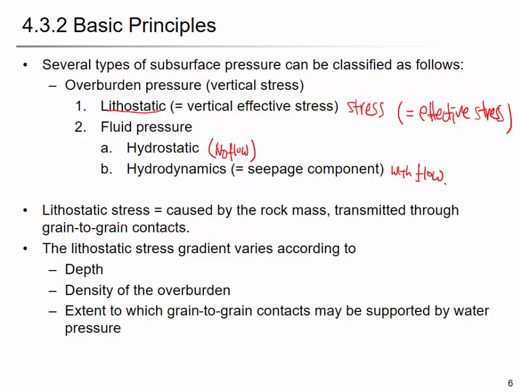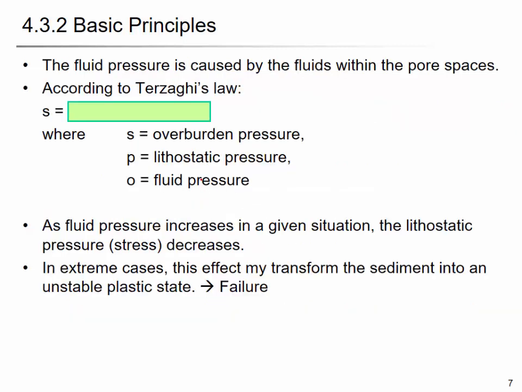Lithostatic pressure, or lithostatic stress, is the same as the effective stress, which is caused by the rock mass transmitted through grain-to-grain contact. The lithostatic stress gradient varies according to depth, density of the overburden, and the extent to which grain-to-grain contact may be supported by the overpressure. But there is an equation for the correlation among these three components.